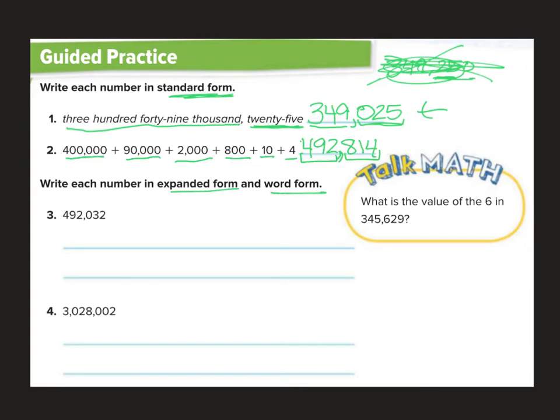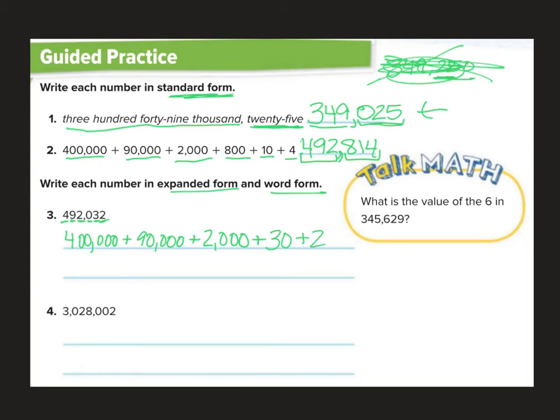Write each number in expanded form and word form. Okay, so this 4 is worth 400,000 plus the 9 is worth 90,000 plus the 2 is worth 2,000. Plus, we don't need to do the 0 because it doesn't have any value. It's kind of our placeholder. So the 3 would be 30, and then the 2 is just 2.